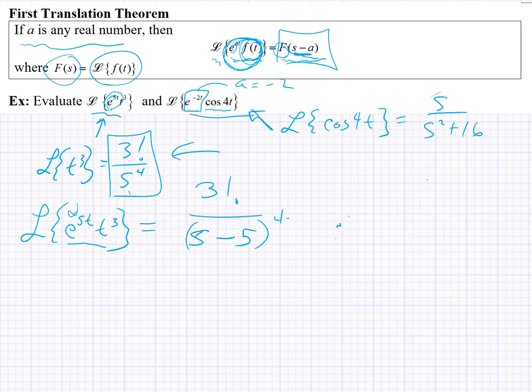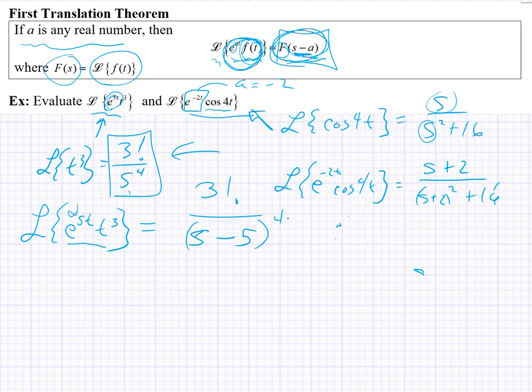Then every time I see an s here, I should be plugging in s minus a. That's what this is telling me to do. So the Laplace transform of e to the negative 2t cosine of 4t should be s plus 2, because it's s minus negative 2, over s plus 2 squared plus 16.